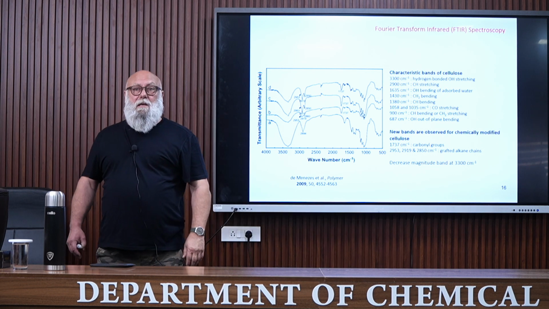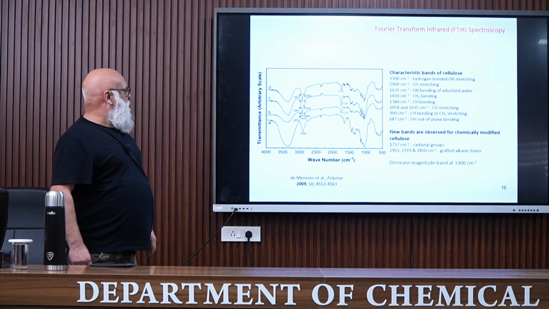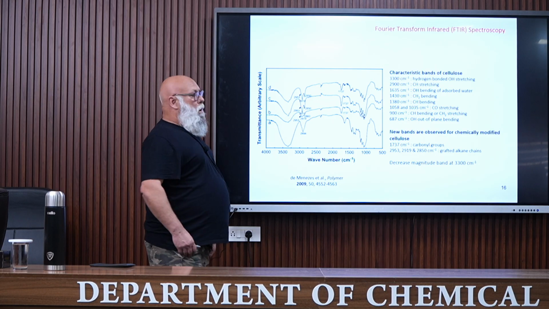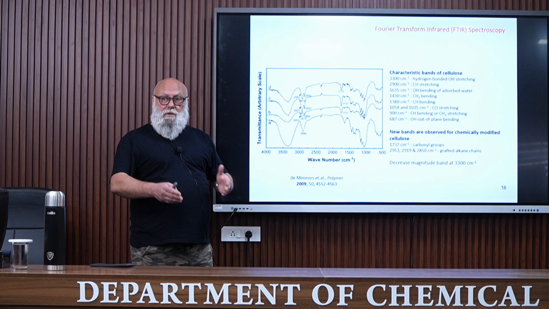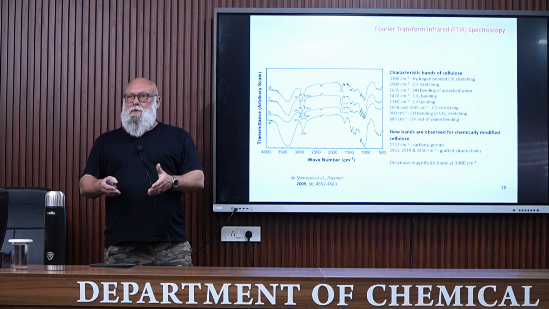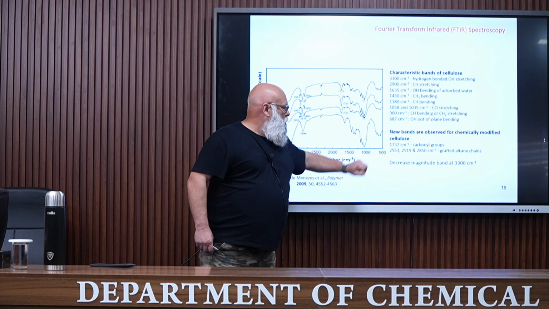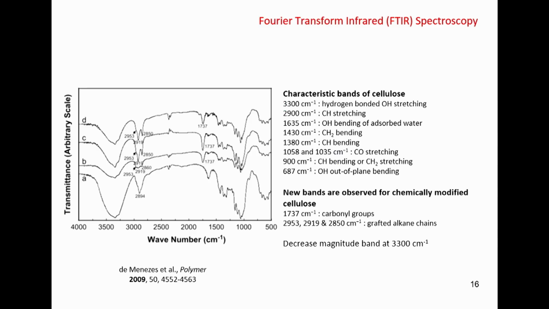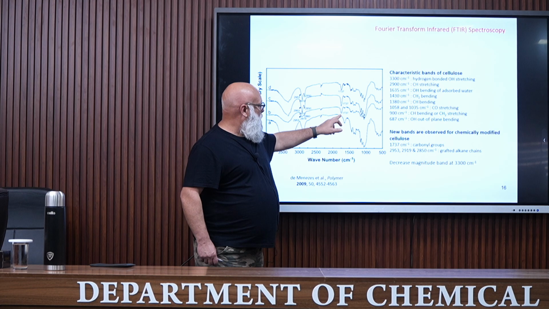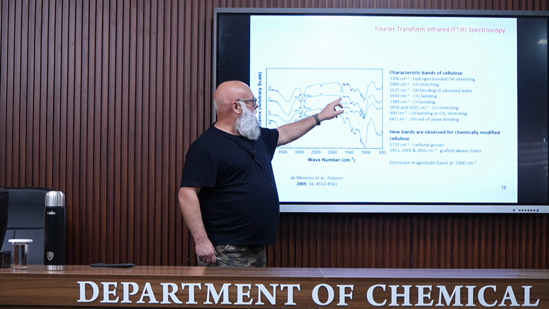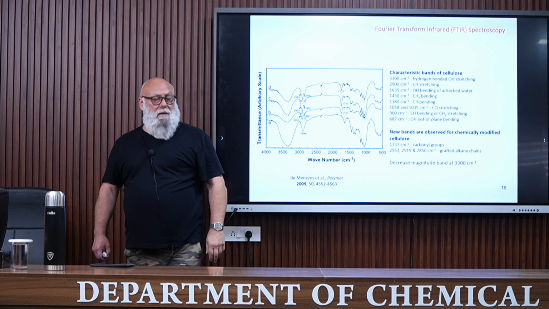And after chemical grafting, it's possible to observe new peaks. So, of course, it depends on the nature of the graft molecule. But in this case, these new bands have been observed, which are located here and here. You can clearly see that there is no band for the unmodified nanocrystals, and we have some bands here.